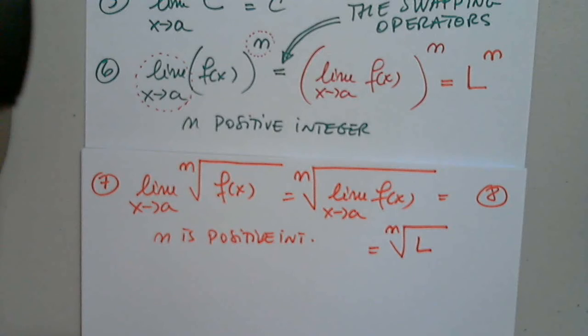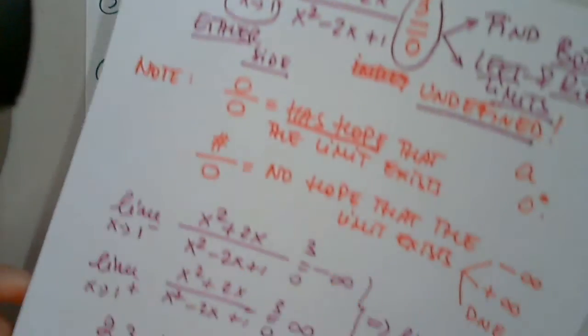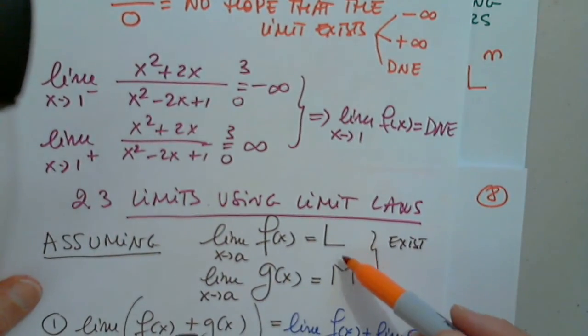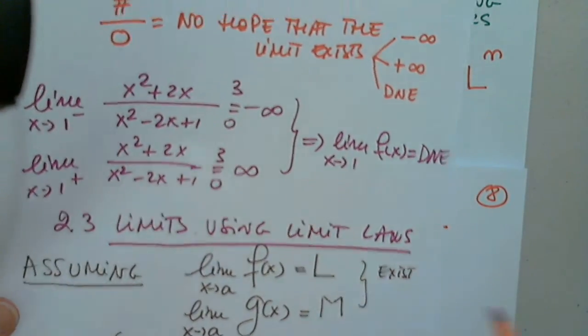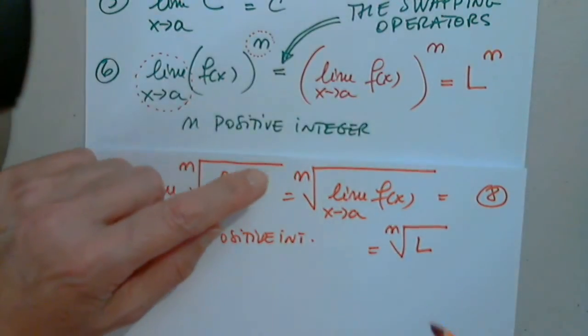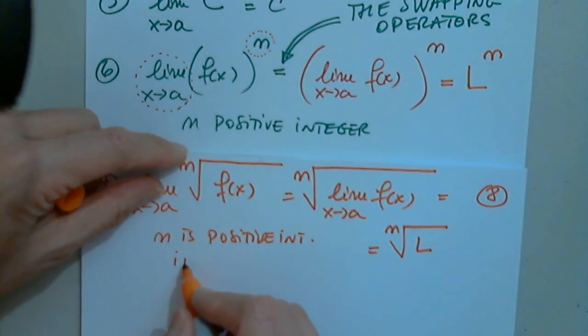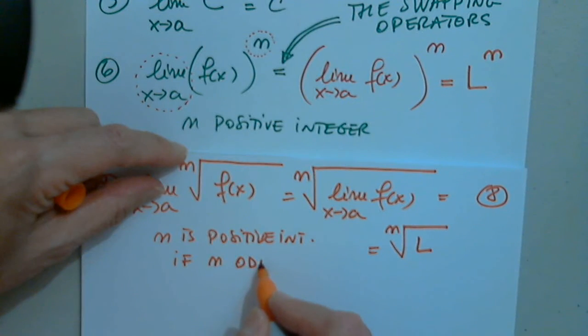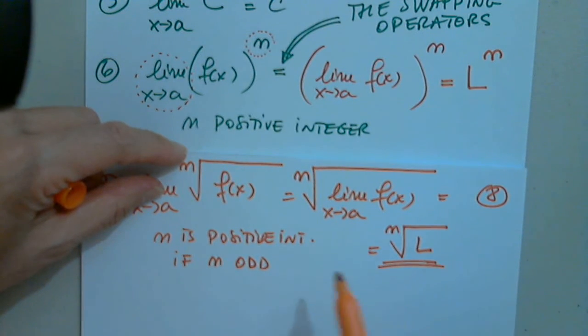Okay, do we need to define L as being a positive number, or it doesn't matter? It's a very good point. So assuming that this is a positive number, otherwise I'm in trouble, right? So if n is odd, I don't care. Anything goes, anything.